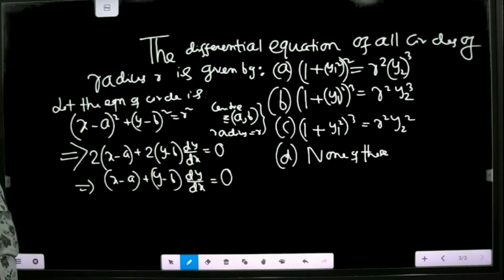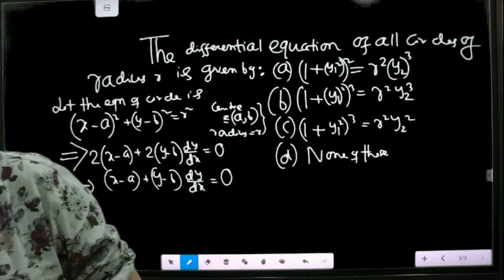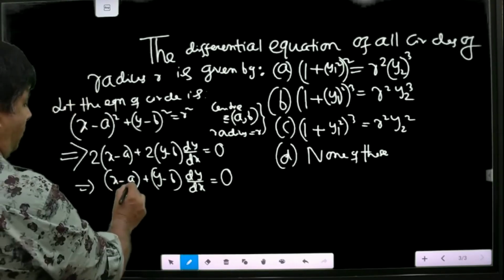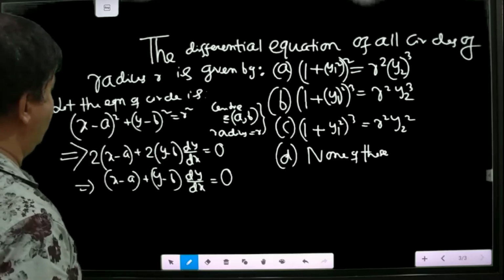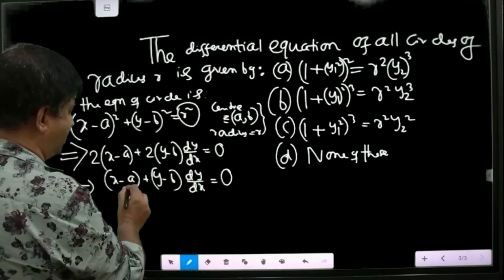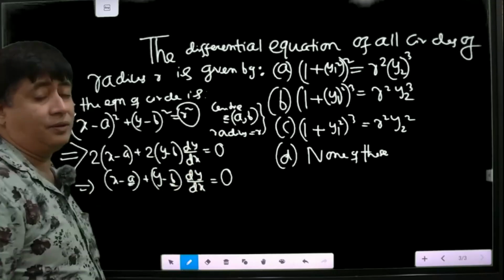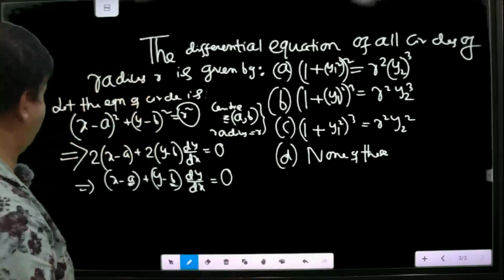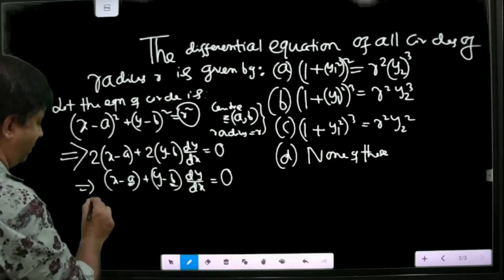So you could reach up to this stage: (x minus a) plus (y minus b) into dy/dx is equal to 0. What is observed here? That r square is removed, but still a and b are there. Now our main role is to remove a and b. Differentiate again.